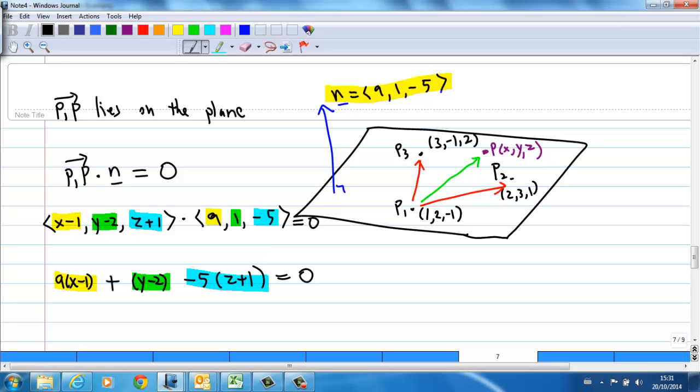And we multiply them out, we get 9x plus y minus 5z minus 9 minus 2 is minus 11, minus 11 minus 5 is minus 16, which will give you 0. And that is the equation of the plane.